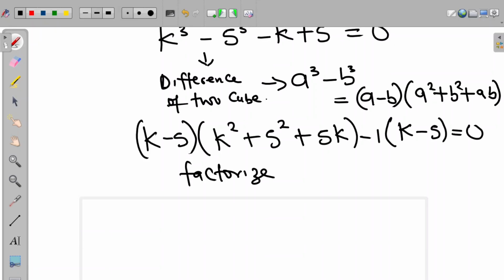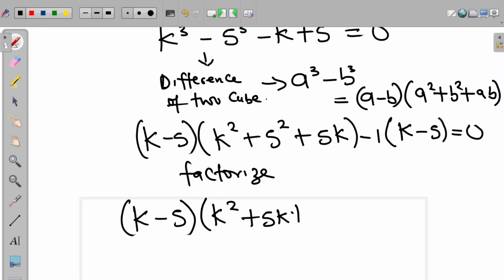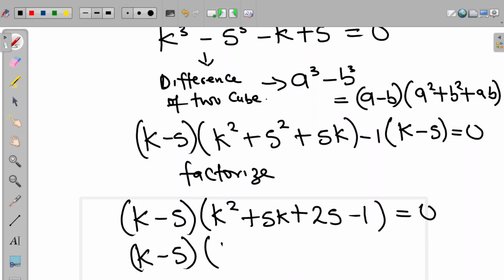So we have that k minus 5, open bracket, k squared plus 5k plus 5 squared, which is 25, minus 1, equal to 0. So we have it that k minus 5, we close the bracket, multiplied by k squared plus 5k plus 24 is equal to 0.